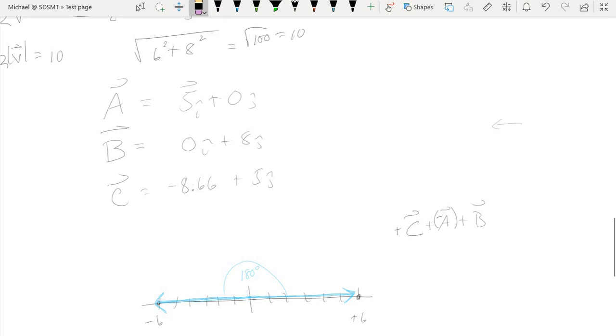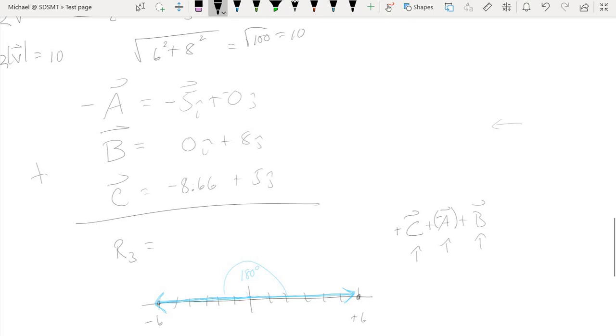So I will slap a minus sign to the front of vector a. I will carry that through the components. Nothing really changes except for the negative 5. And now I'm ready to add everything together. I have vector negative a, I have vector positive b, I have vector positive c.